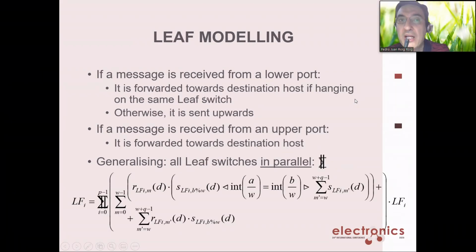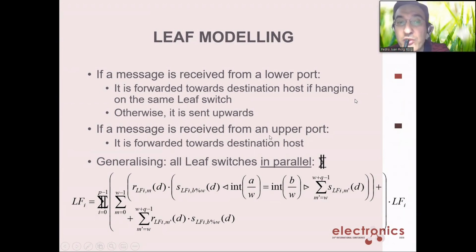Regarding the leaf modeling, this is the logic. If a message is received from a lower port, it is forwarded towards the destination host if hanging on the same leaf switch, or otherwise it is sent upwards. And if a message is received from an upper port, it is forwarded towards the destination host.